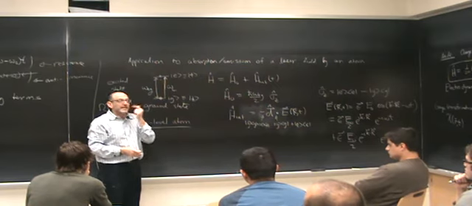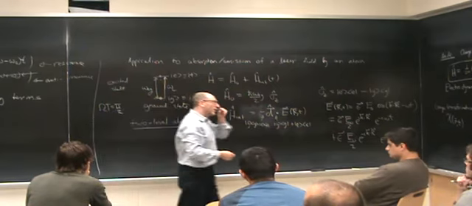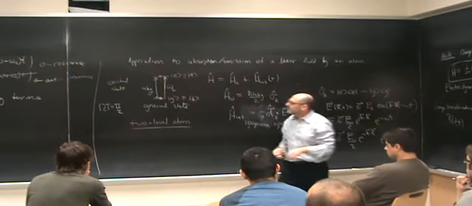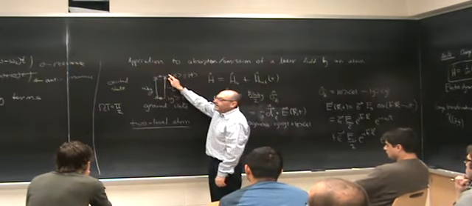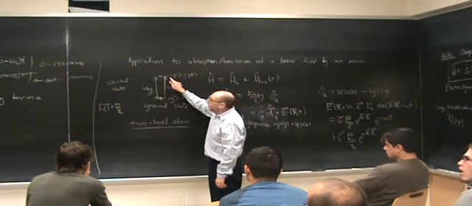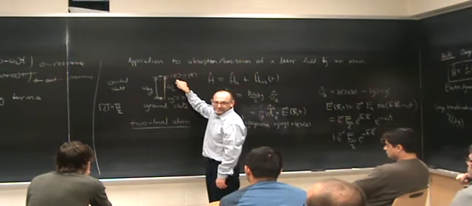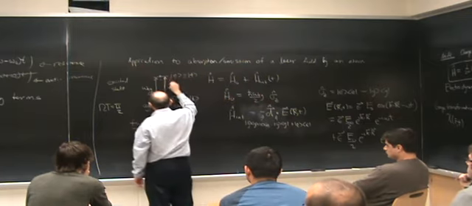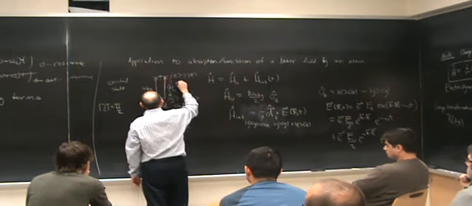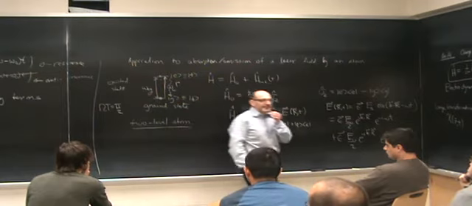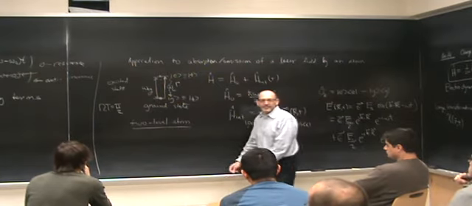Now, there's a very important thing that I neglected, which is, of course, we also know that typically the excited state is metastable. It will decay, and we're going to talk about that next lecture, due to spontaneous emission.